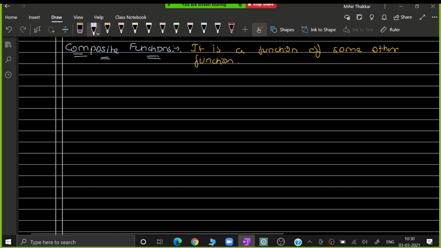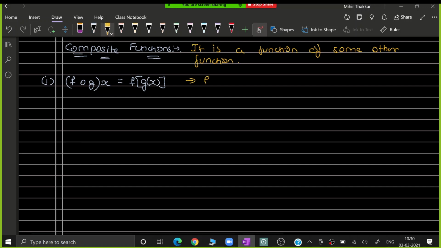There are four different cases, guys. I'll give you all the examples and all the cases one by one. The first is f o g x, or I can write it as f bracket gx. What does that mean?